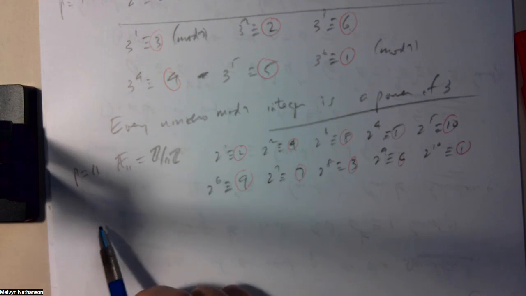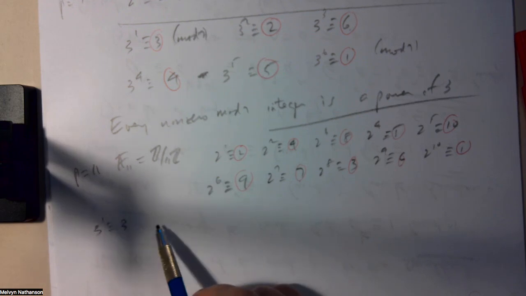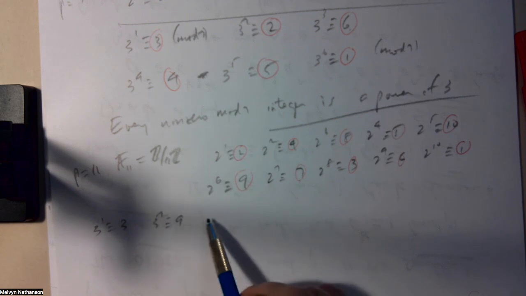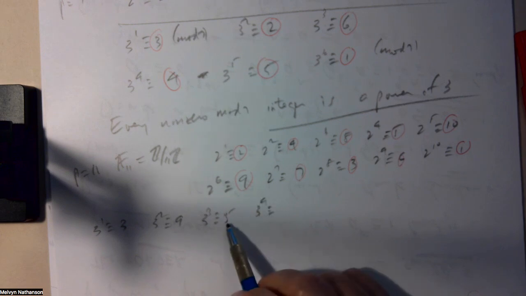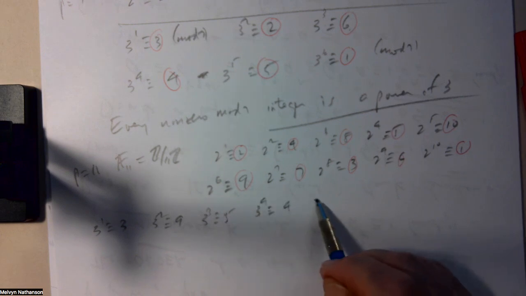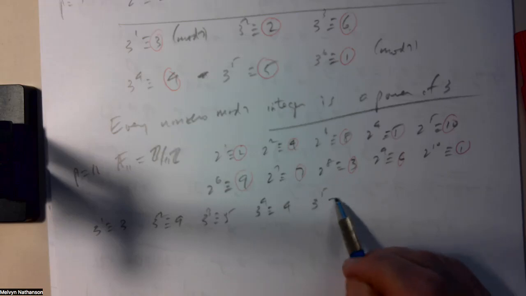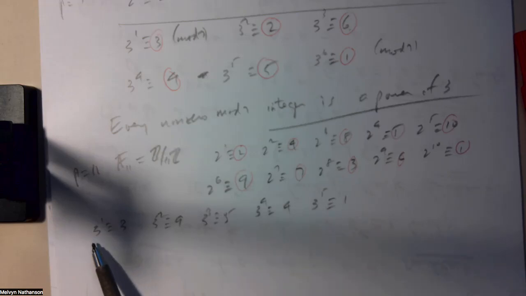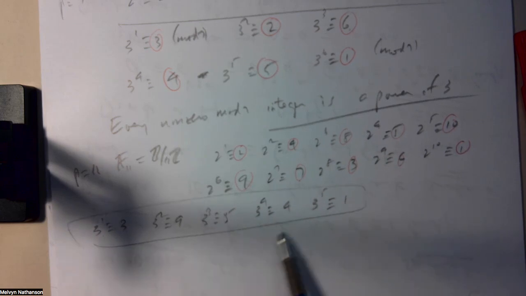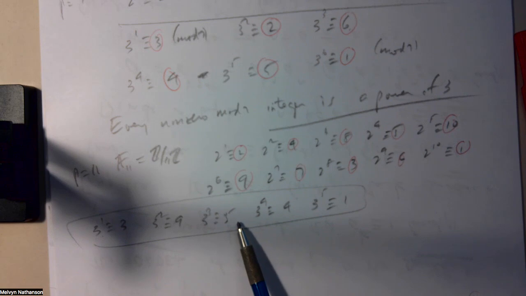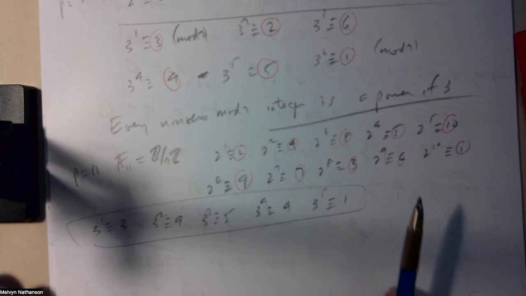What happens if I look at the powers of 3? 3 to the first power is 3. 3 squared is 9. 3 cubed is 27, which mod 11 is 5. 3 to the fourth is 15, which mod 11 is 4. 3 to the fifth is 12, which mod 11 is 1. So I take the powers of 3, I get 3, 9, 5, 4, 1, and then it's going to repeat. So I can only get 5 different non-zero congruence classes mod 11. But with powers of 2, I get them all.